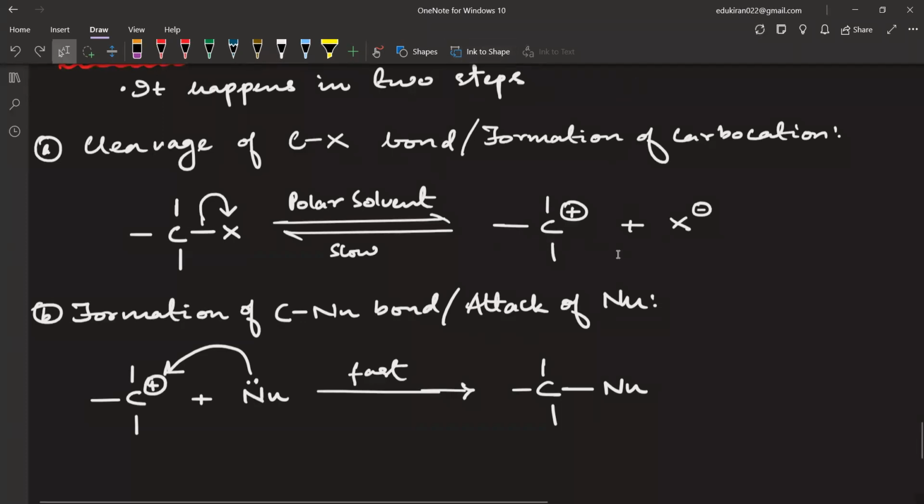Is there anyone who is still writing? Yes, sir. Sir, first one, what is the word? Cleavage of C-X bond. Cleavage, okay. Cleavage of C-X bond, formation of carbocation, formation of C-Nu bond, or attack of nucleophile.